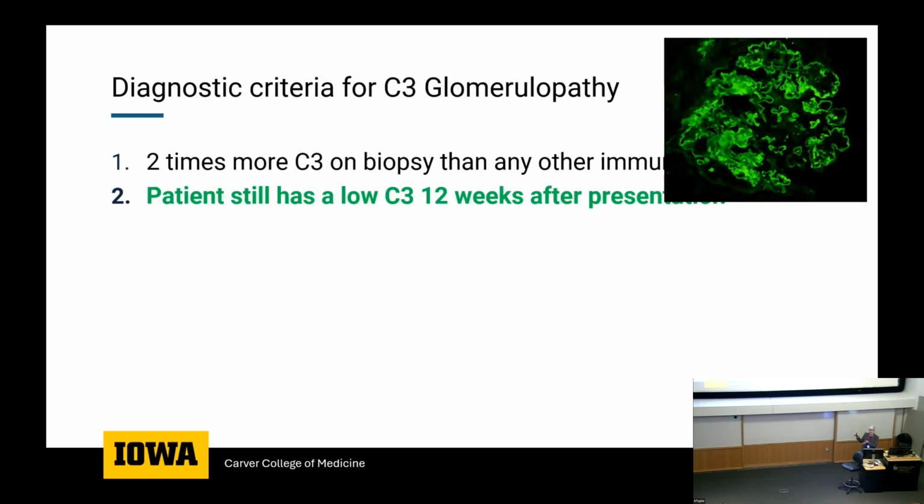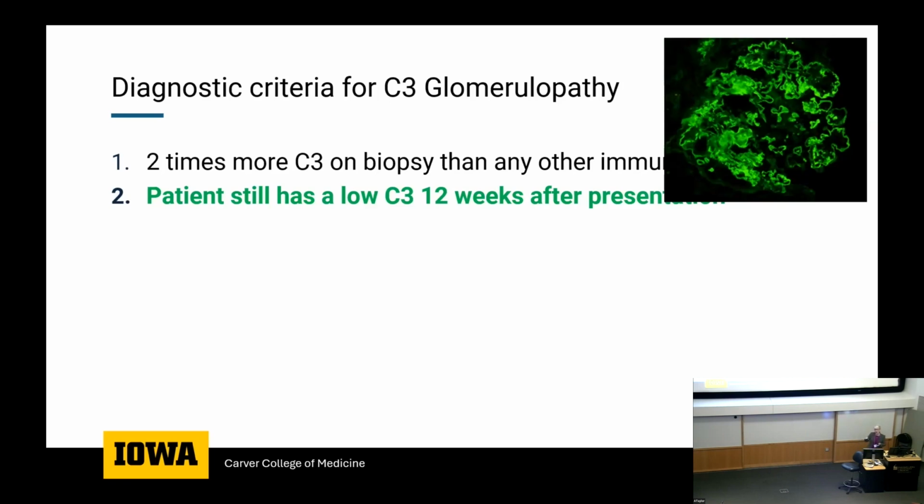So that's the truth. If it's abnormal at presentation and normal at 12 weeks, you're supposed to call that patient post-infectious glomerulonephritis. And the obvious reason to be very specific about that is because if you declare someone as post-infectious glomerulonephritis, that should be more of a transient disease. That should be a disease that you get over. That should be a disease that doesn't recur again for you. So it is quite important.